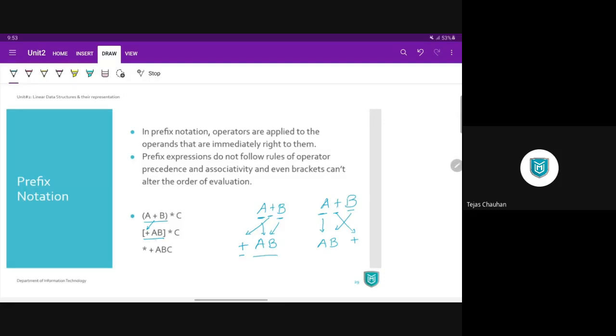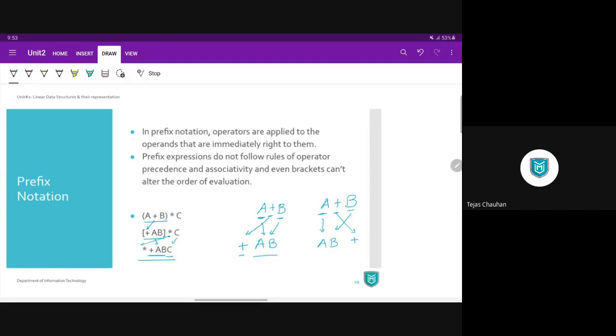So that single entity will be your first operand. Then you bring your second operand, and whatever operator you have, you prefix it. So the entire solution becomes this one, star plus ABC. Okay, so that's how we can have the prefix.